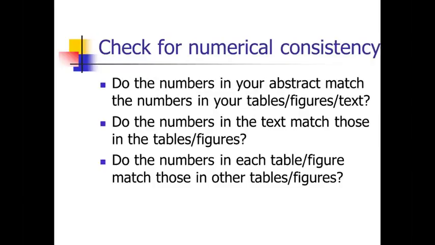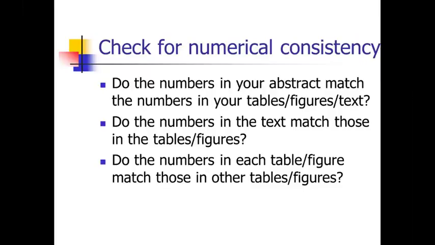Even more importantly, well, I think it's more important because I often focus on the statistics and the numbers in papers, make sure that you check for numerical consistency. So do the numbers in your abstract match the numbers in the rest of the paper? I put that one first because it's a frequent thing that I see in papers I'm reviewing, or even in papers that are actually published in the literature, that for some reason the abstract numbers don't end up matching the rest of the paper.